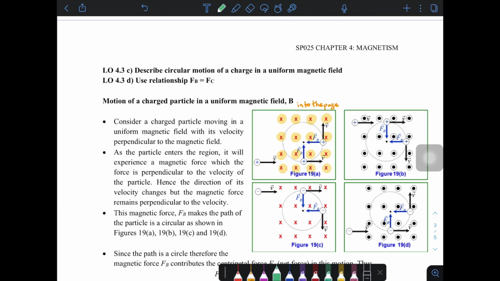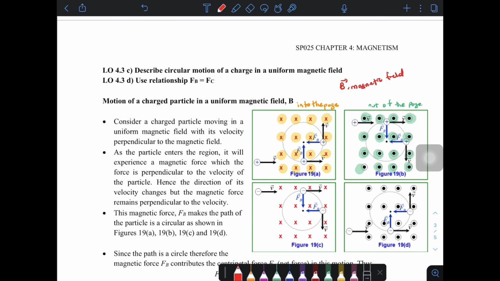Dan case yang kedua, dia out of the page. Yang mana satu out of the page? This one, yang dot dot dot ni. So itu ialah kita punya B ataupun magnetic field.